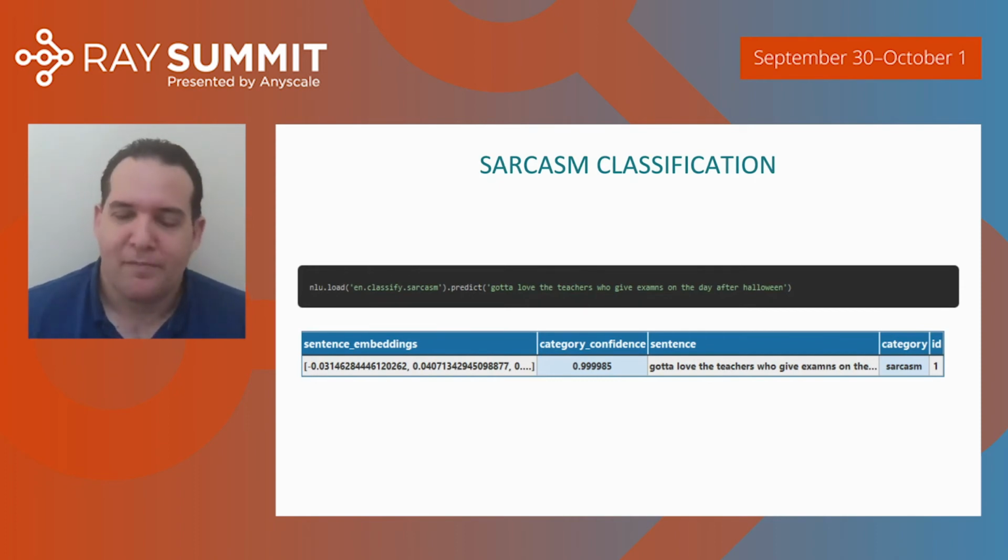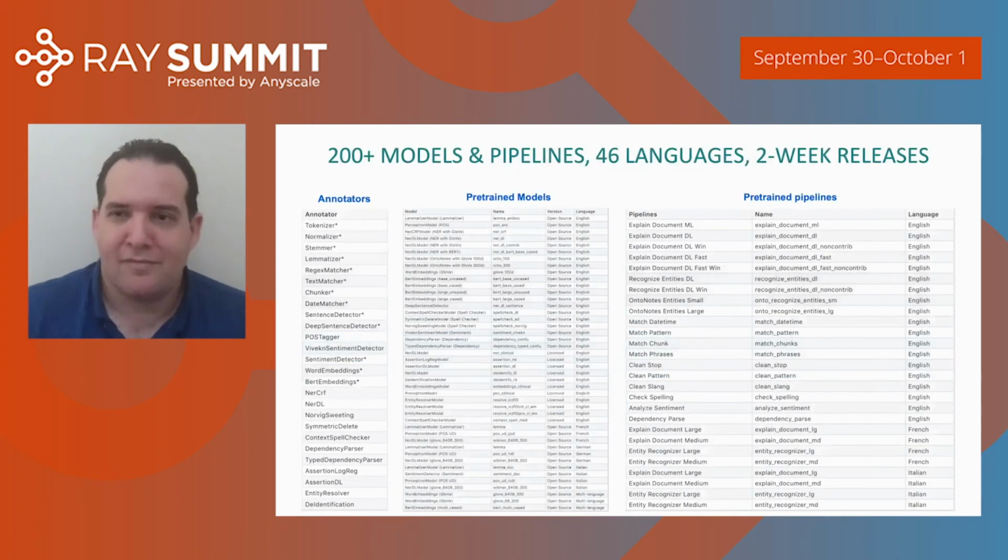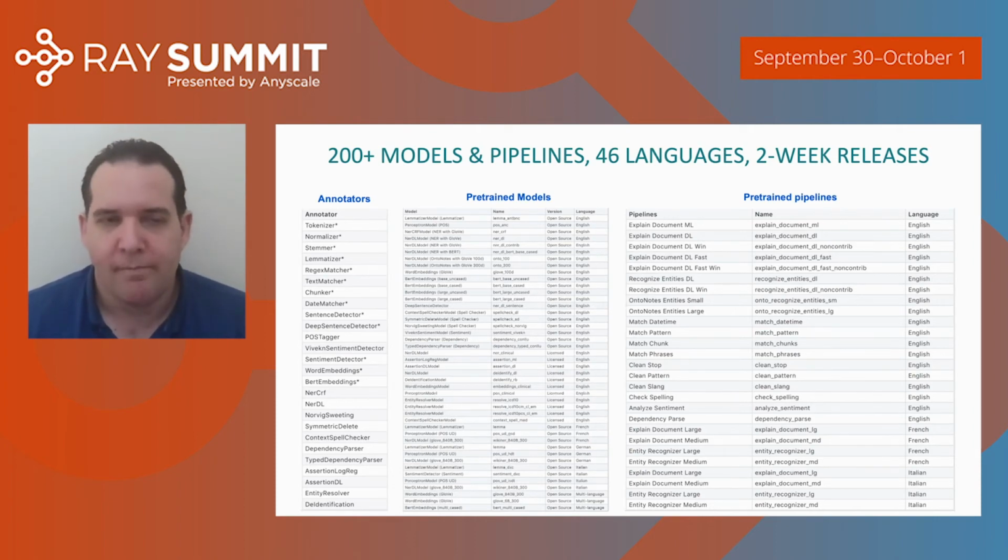We're not going to go over all the examples, but there's quite a few of them. So over 200 right now, but really there's a 2-week release cycle. So really expect that almost every other week you should expect to see more transformers, more models, more languages that are being supported.